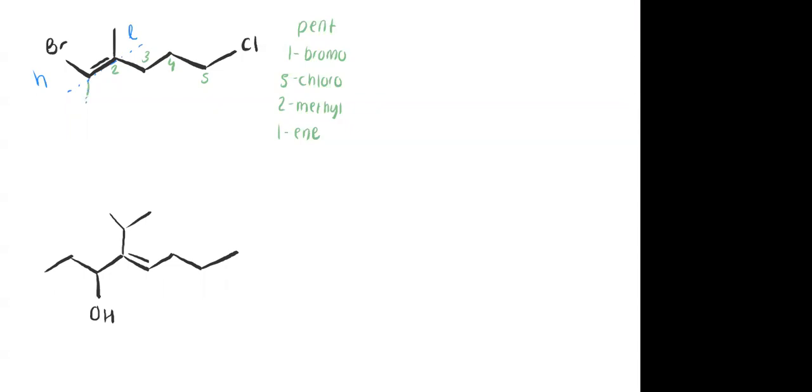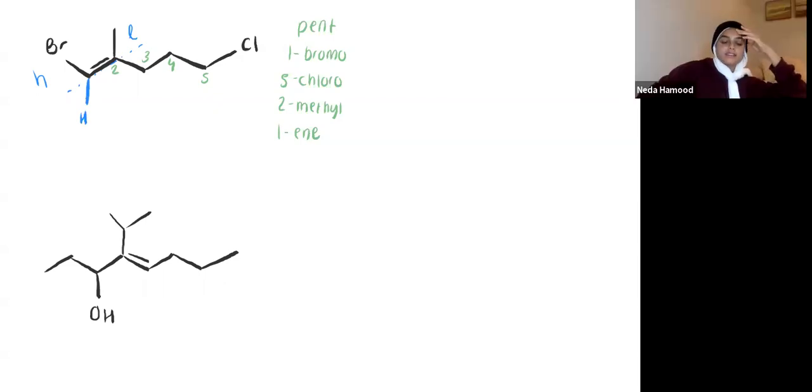Sorry, how did you get 3 chloro? I thought it was 5. It does say 5 chloro. Sorry, I guess I said 3 chloro, but I wrote 5 chloro. So yes, we can see that our high priority groups are on opposite sides.